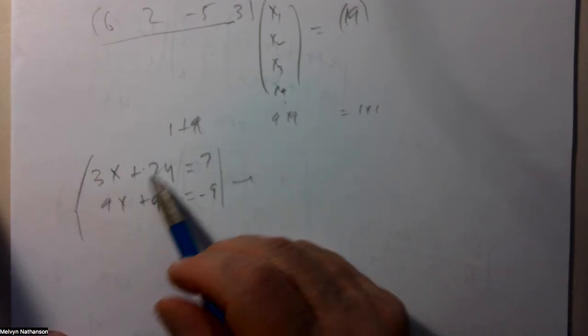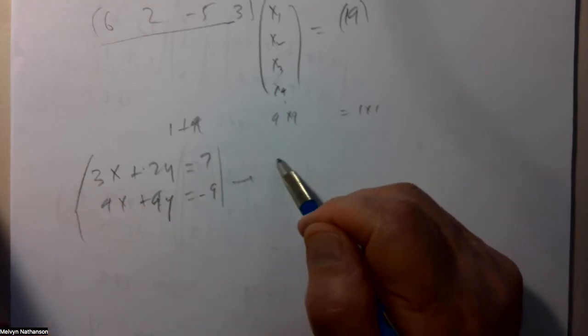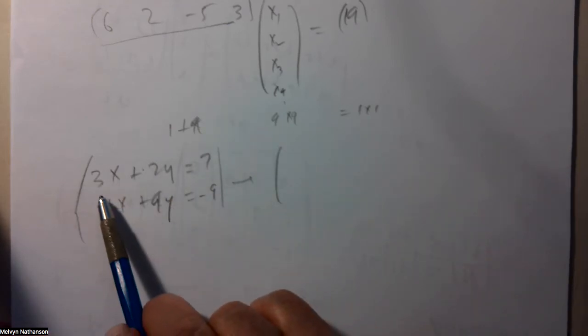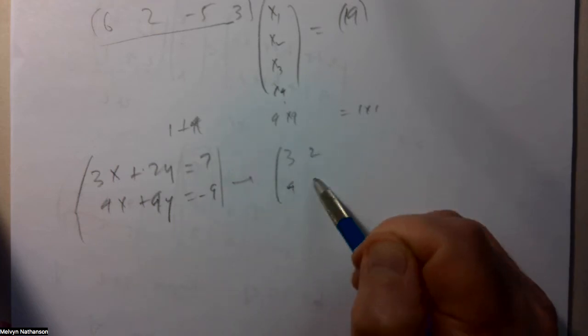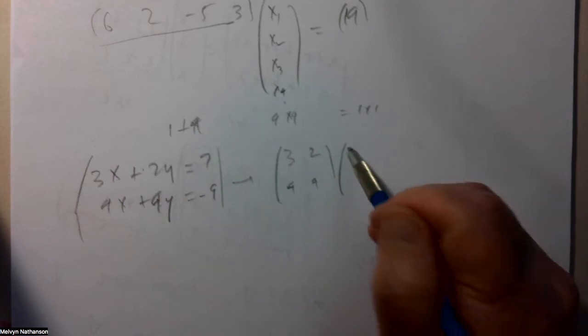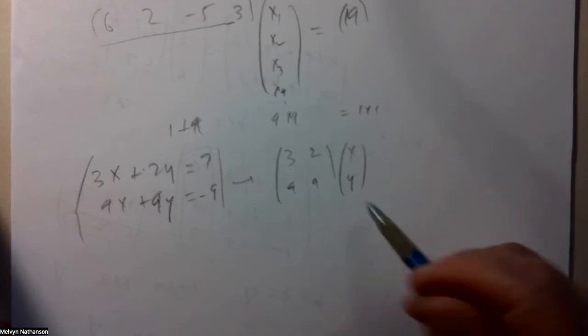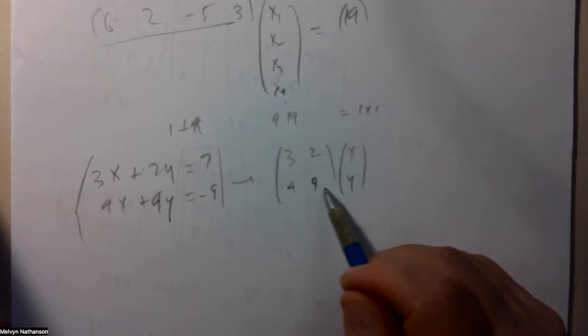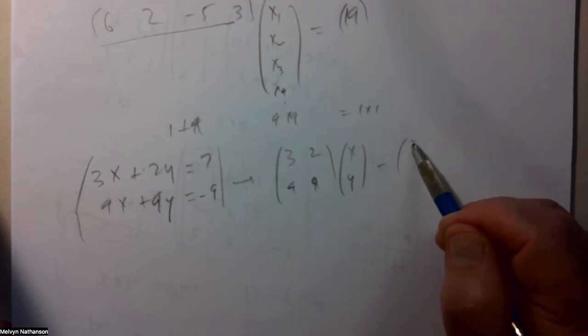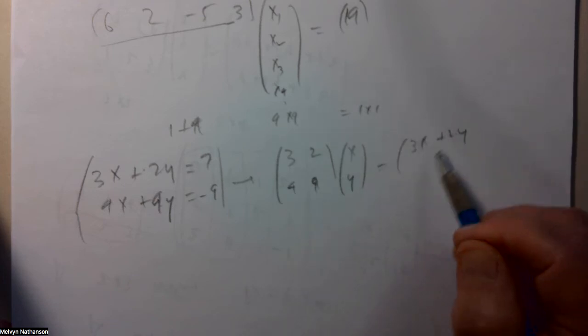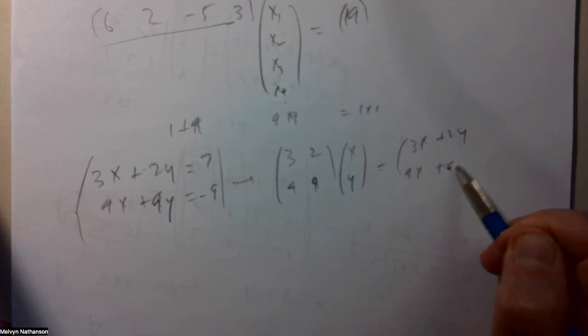We can use the coefficients of the variables on the left-hand side and make that a matrix: 3, 2, 4, 9. Write the variables x, y as a column vector. If you do this matrix multiplication, what you get is 3x plus 2y, 4x plus 9y.